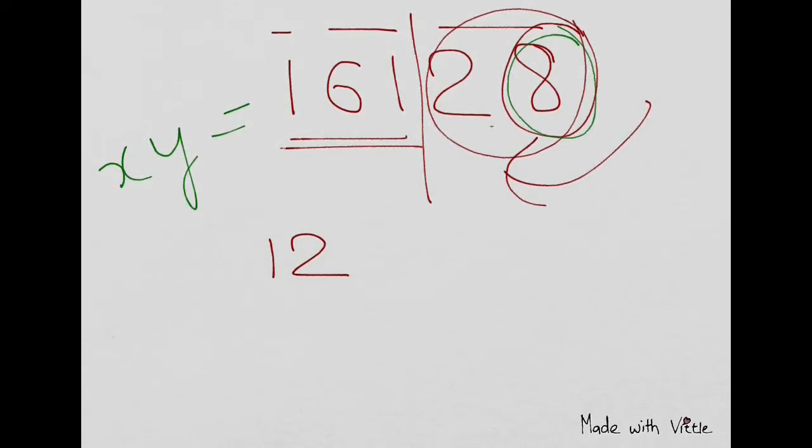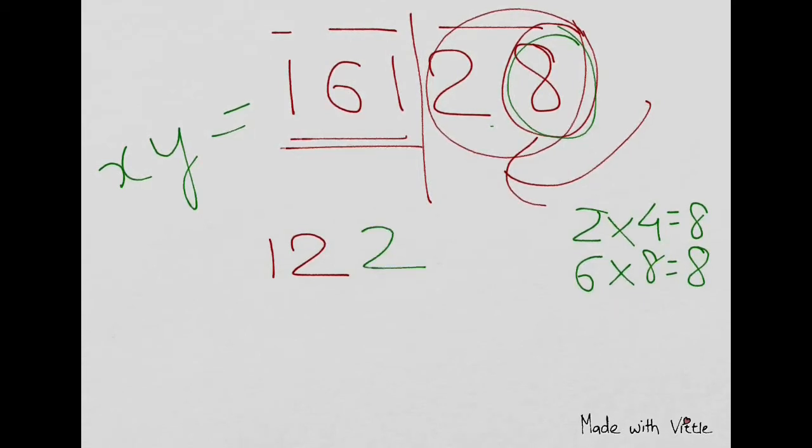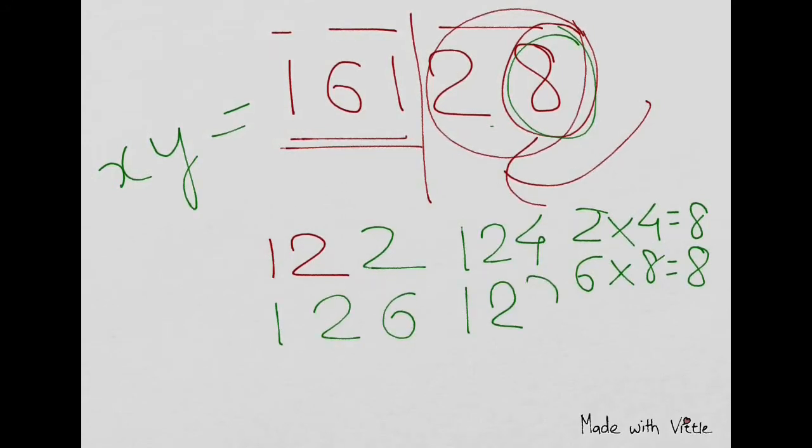Try with 2 into 4. This is 8, yes, and 6 into 8 is 48. So both of them give me 8 as the unit digit. So our answer will be 122 and 124, or 126 and 128, right? So only these two are your possible sets.